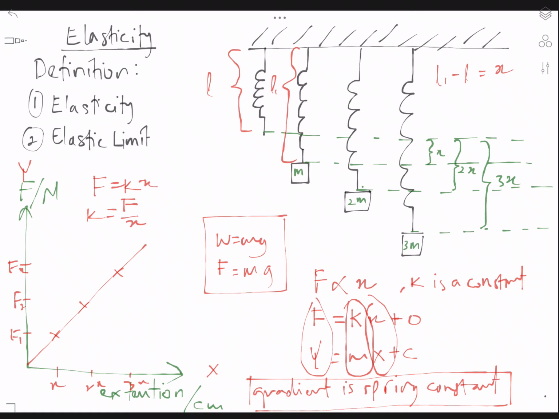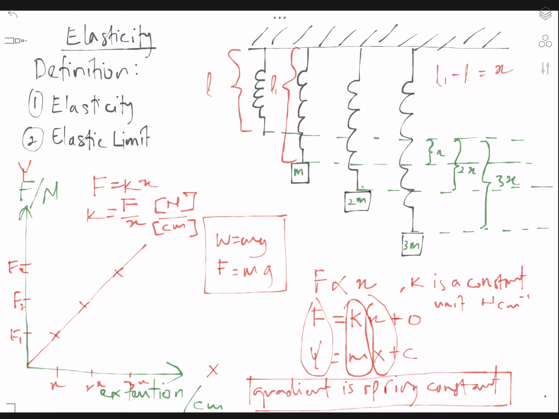The unit for F is Newton, and the unit for x is centimeter. It depends whether you are using centimeter or meter. So the unit for k is Newton centimeter to the power of minus 1.